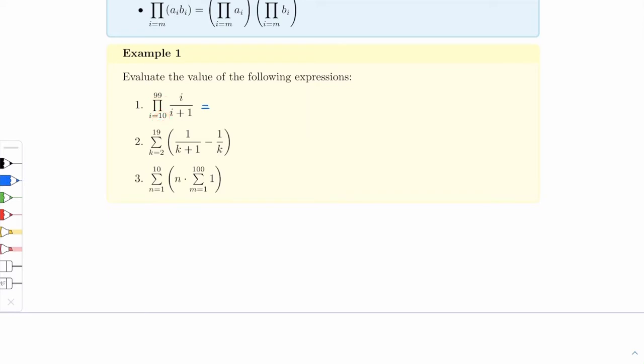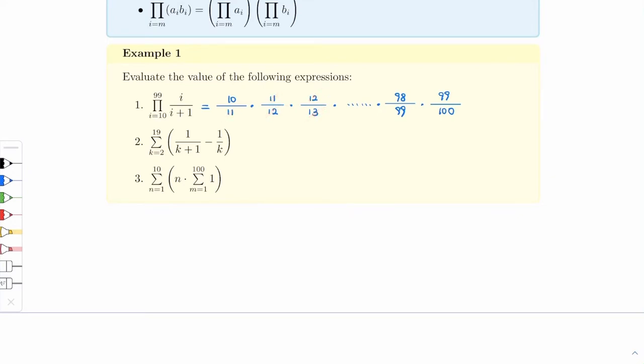So when i equals to 10, you have 10 over 11 times when i equals to 11, you have 11 over 12. And when i equals to 12, you have 12 over 13. And all the way till when i equals to 98, 98 over 99 times 99 over 100. Okay, so if you write this out, you can notice that we can cancel those out.